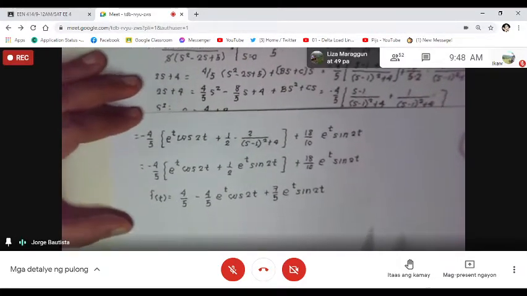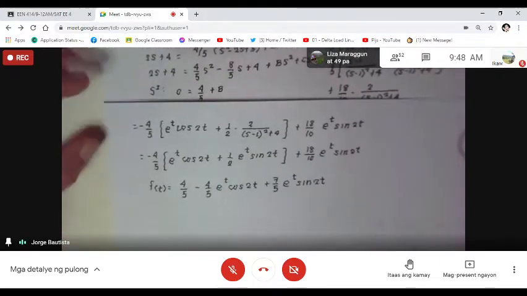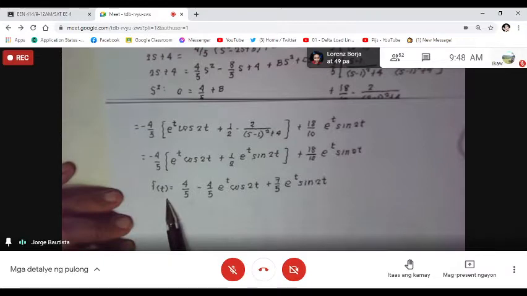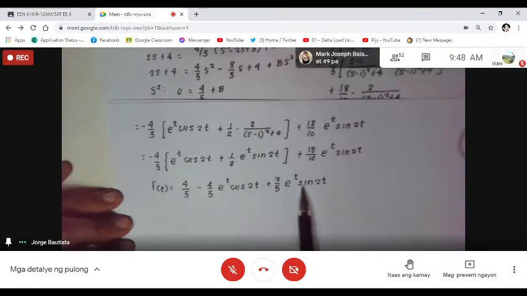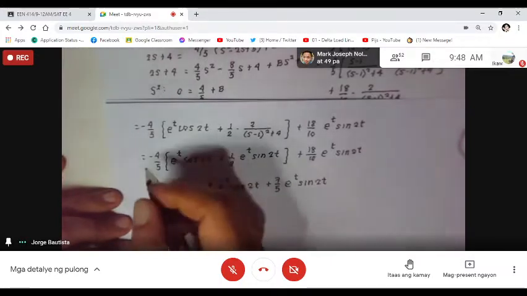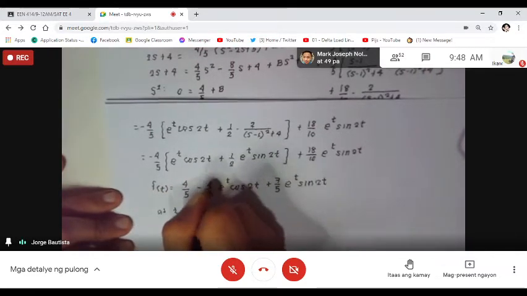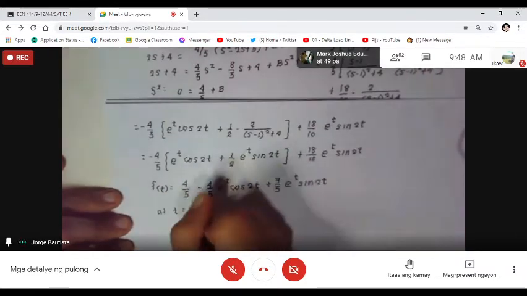Okay? So, at this point, you had already your function, di ba? So, example ko lang, no? Halimbawa, hinahanap dito yung distance, o kaya yung rotation, no? At a certain time. So, kunyari, at t is equal to 1 second, halimbawa, no?